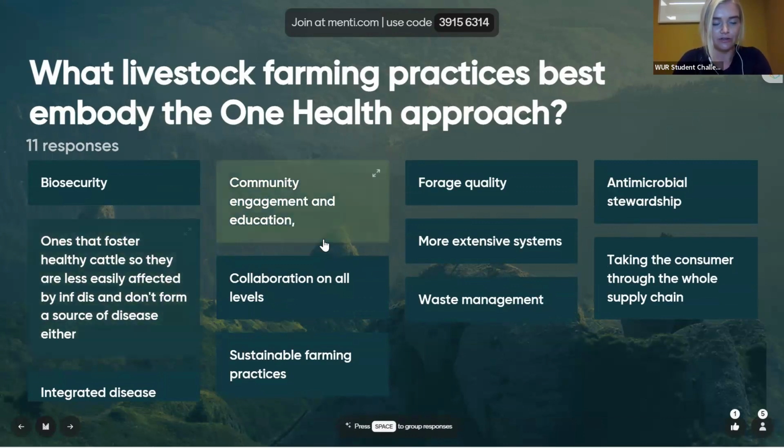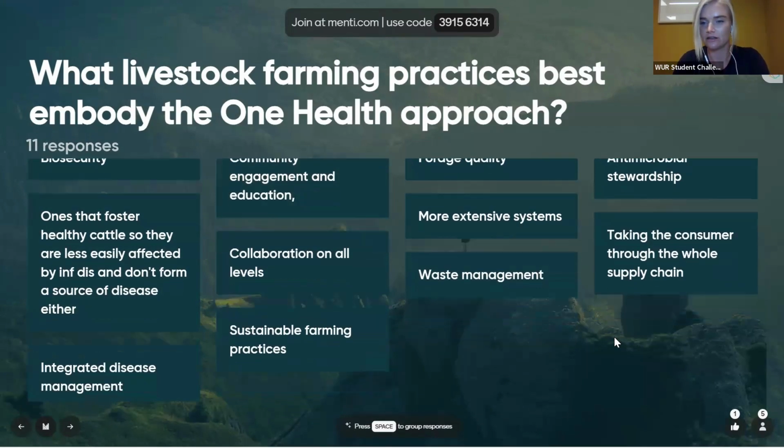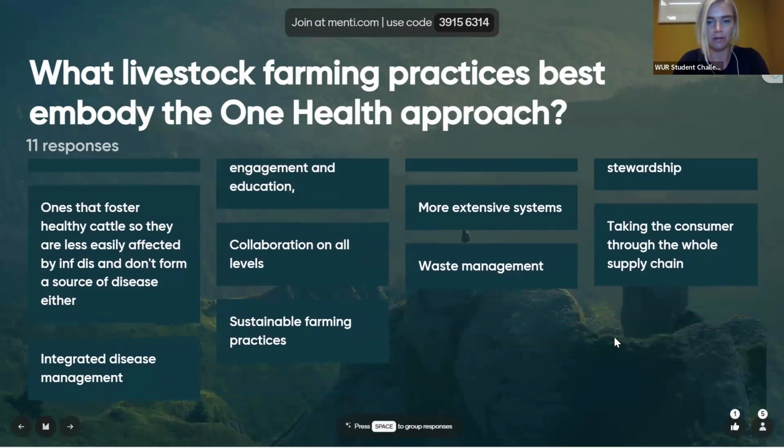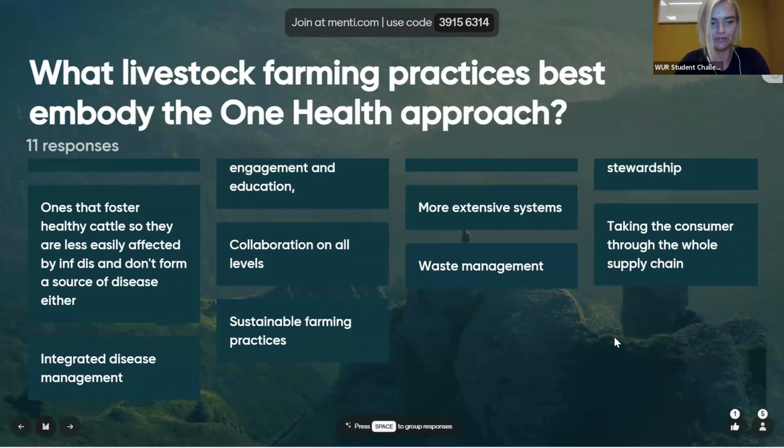Indeed, healthy cattle, so they don't form a source of disease either, and also get sick themselves less. Taking the consumer through the whole supply chain. Sustainable farming practices, yes, more extensive. I think it's all connected. Community engagement, very important as well. Integrated disease management.